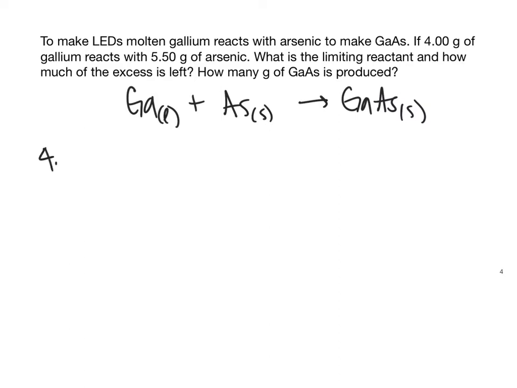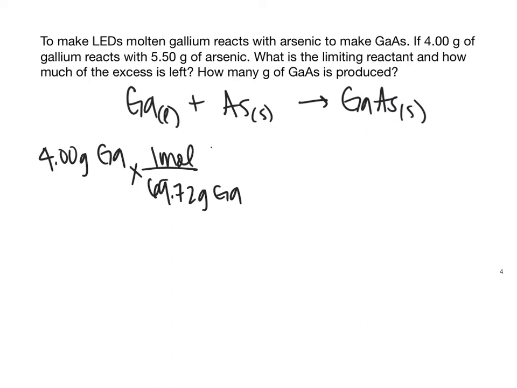So I'm going to convert my 4.00 grams of gallium to grams of arsenic. So there are 69.72 grams of gallium in 1 mole of gallium. And then we have 1 mole of gallium reacts with 1 mole of arsenic.